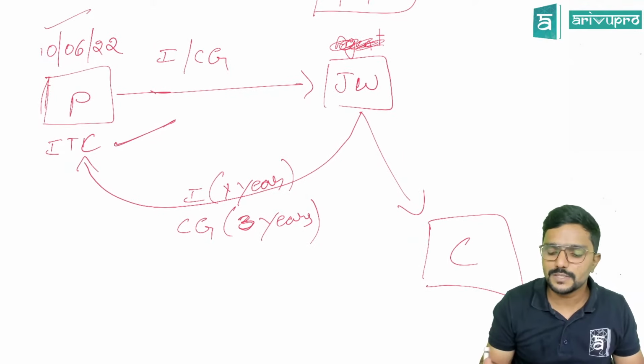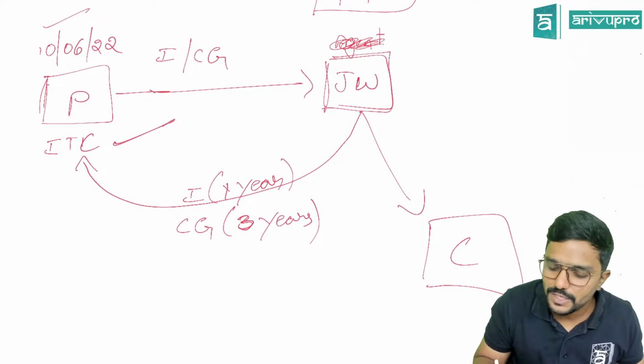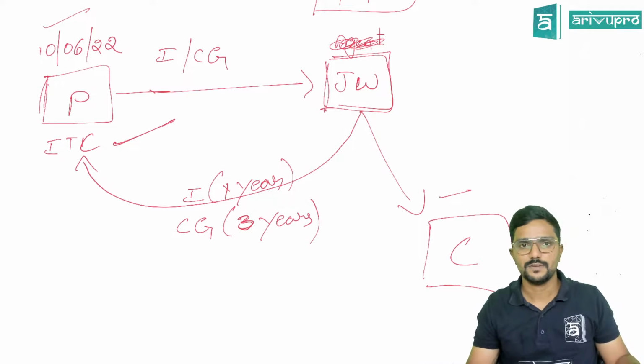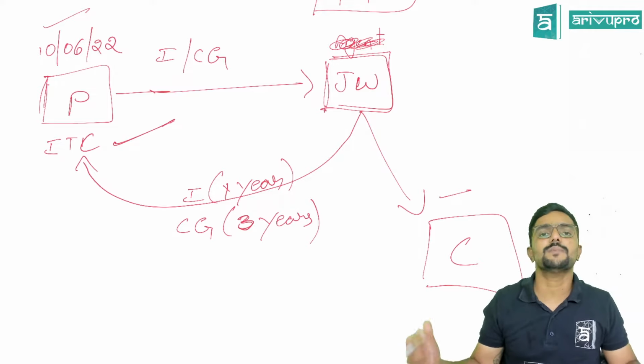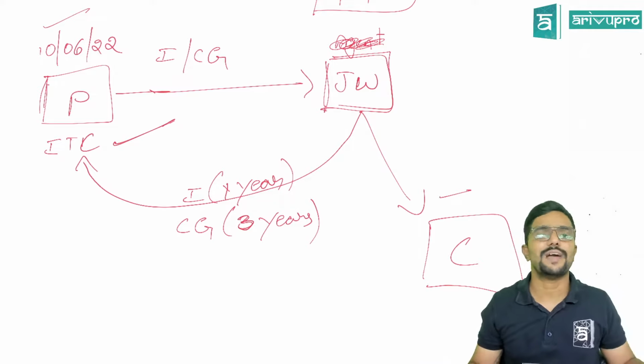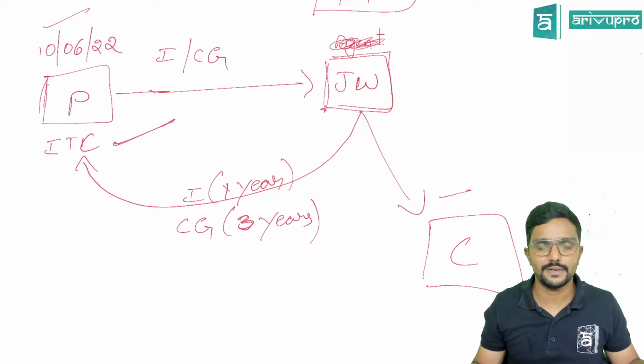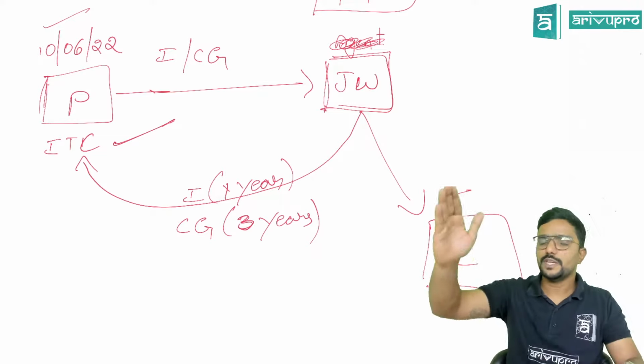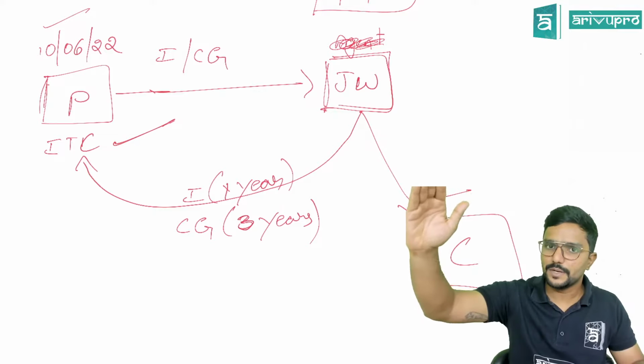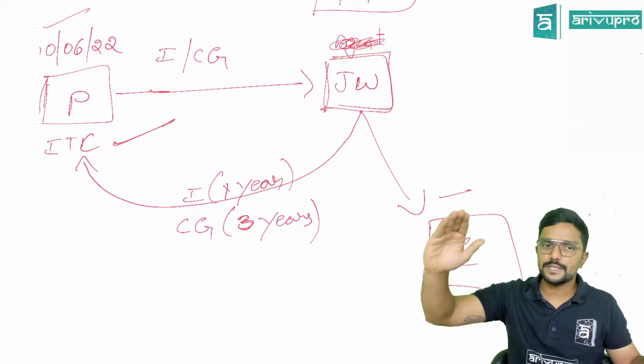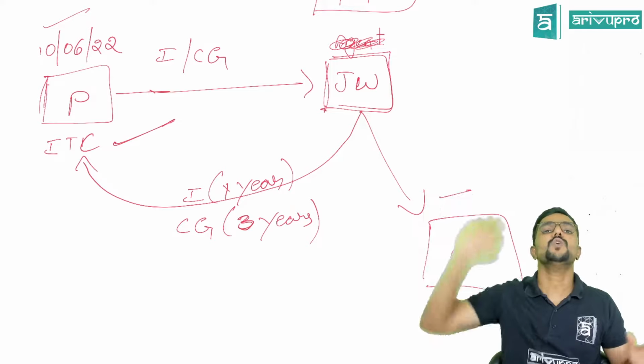Even if the goods are supplied directly from the job worker's place within 1 year, or if the capital goods are supplied within 3 years, still it is fine. Means simple, guys. Within 1 year, or for capital goods within 3 years, the goods have to be returned back or sold.